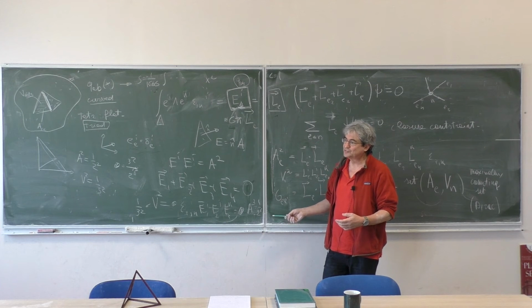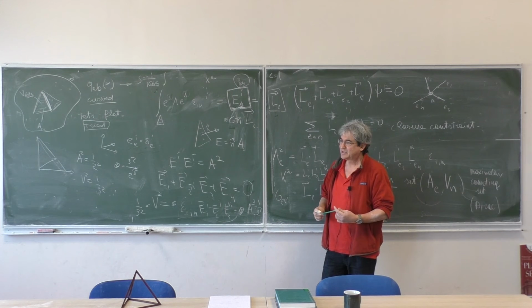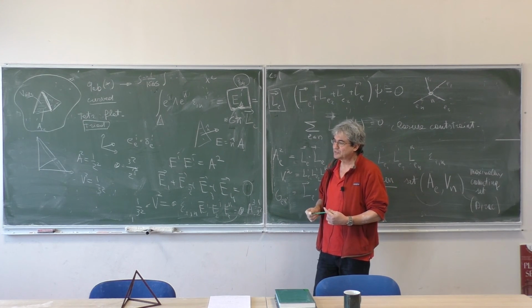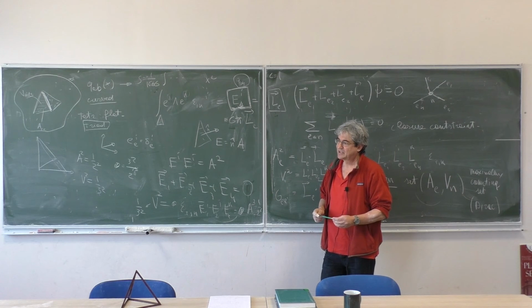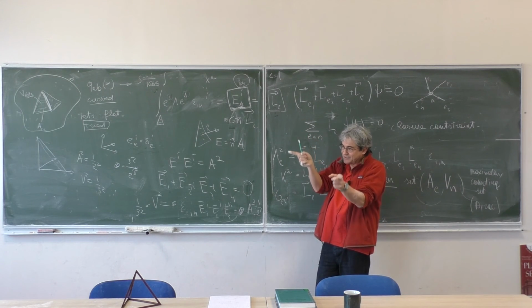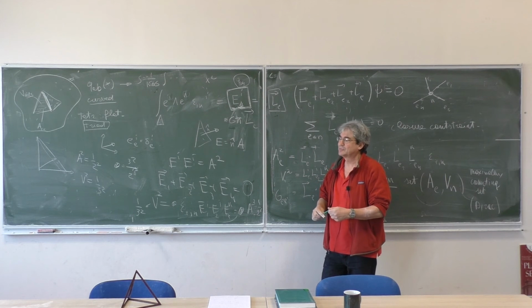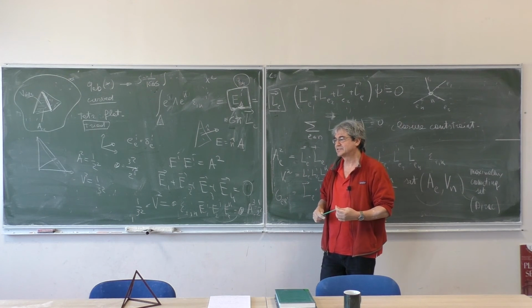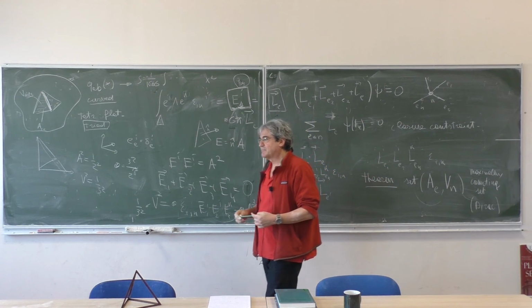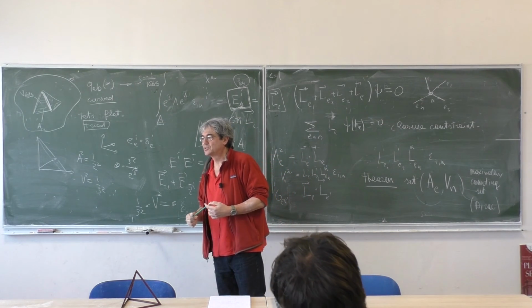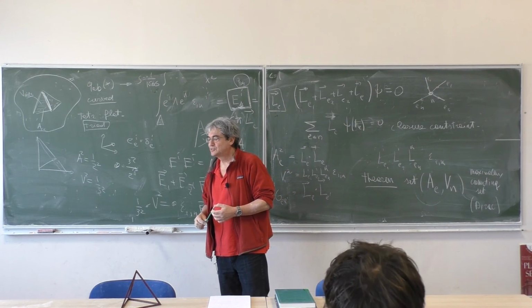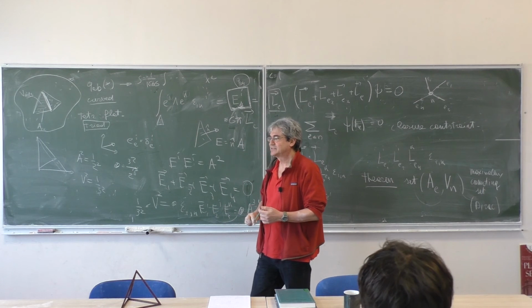Most things go through, but not all. So I don't want to go into the details. You can still have this n, you can still write the volume in terms of that. There are some things which become more awkward, so it's much easier with tetrahedra.